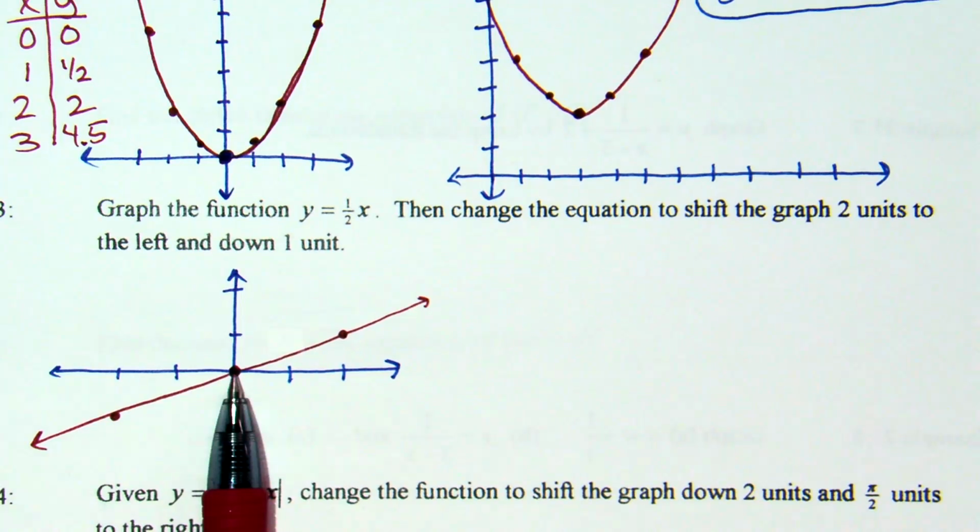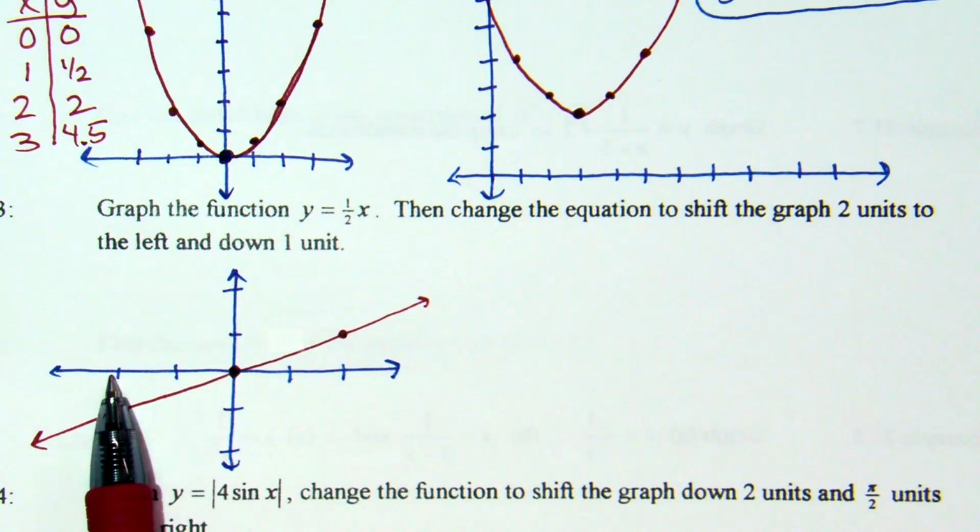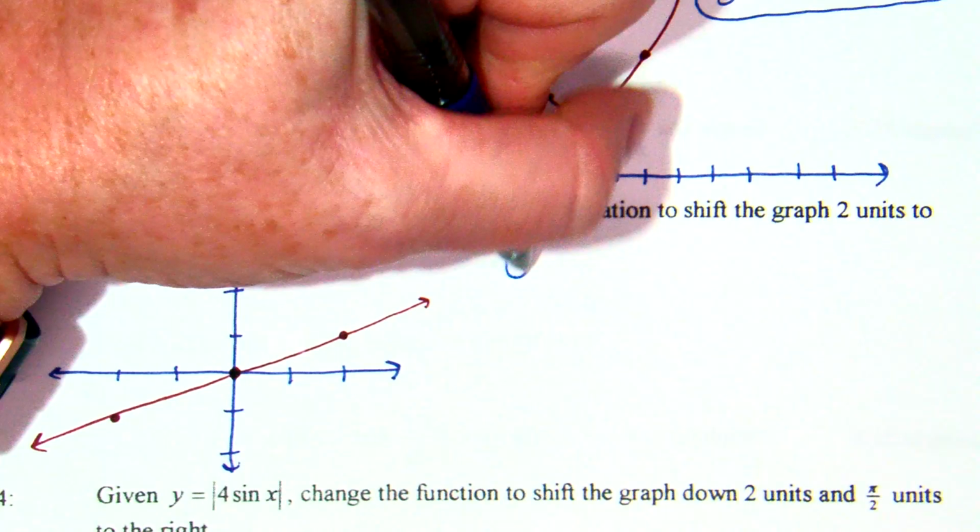No. If we look at the equation, think about looking at the equation with me. It was y equals 1/2 times x, right? Well, if we put the translations in there, we're going to go 2 units left. What does 2 units left look like? X plus 2 in the parentheses. And then down 1 unit, minus 1.